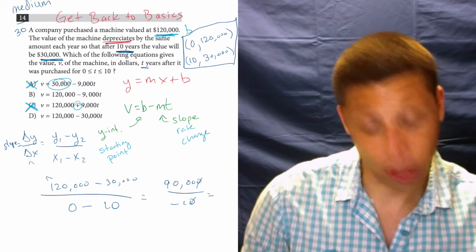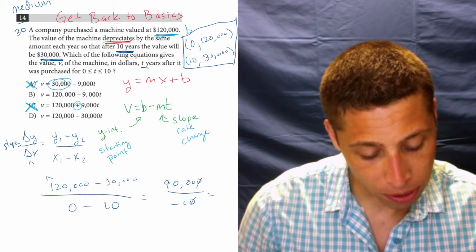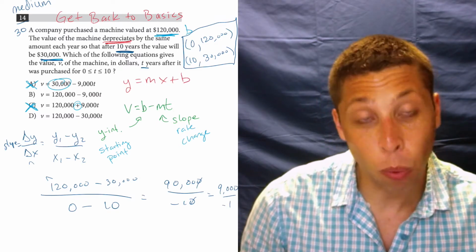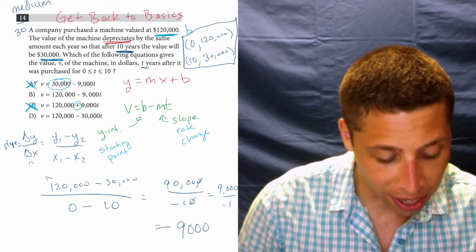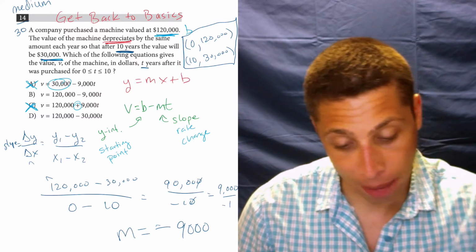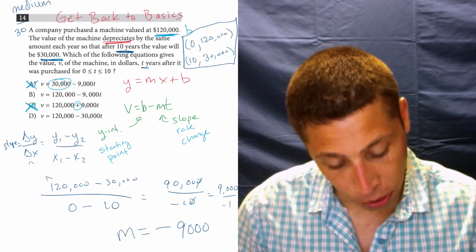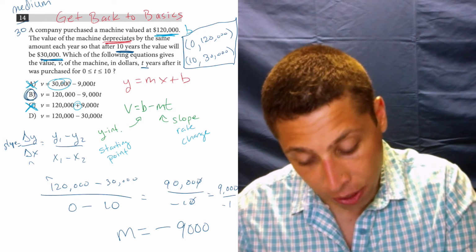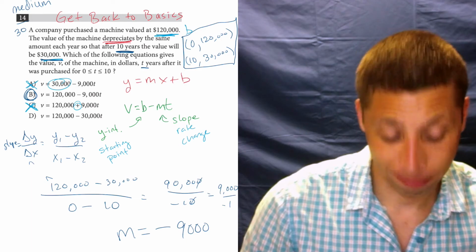Zeros cancel. I could do it in my calculator if I wanted to, but that is going to be a slope of 9,000 over negative 1, or just negative 9,000 is my m. Just make sure that's nice and tidy. And so there it is, negative 9,000 in choice B is my m.